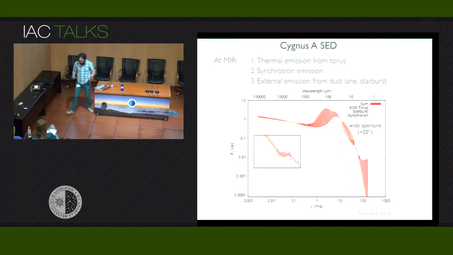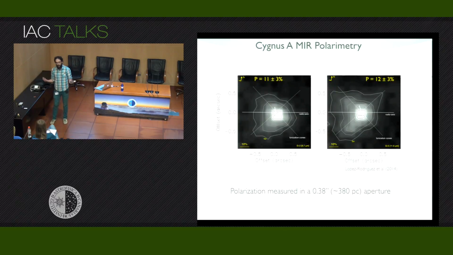So what we did was mid-infrared polarimetry, and we obtained one polarization vector, but with enough signal to noise to believe. Actually, we don't obtain more because this extended emission is very faint in comparison with the central engine, where we need a few hours of observation to detect all this extended emission and really see the scattering there.